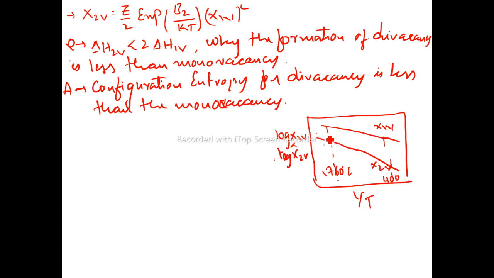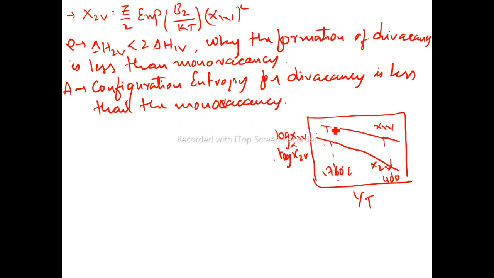Everywhere the concentration of di-vacancies is less than that of the mono vacancy. This graph confirms that the formation of di-vacancies is very rare compared to that of the mono vacancy.